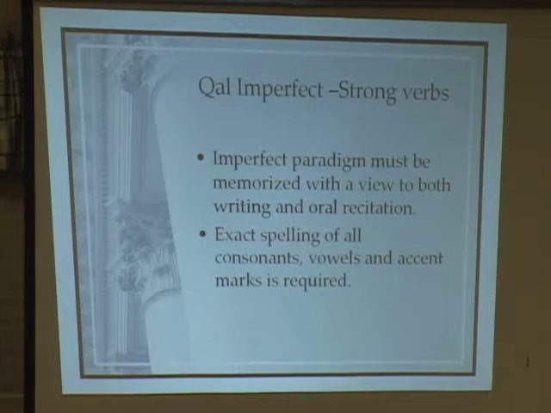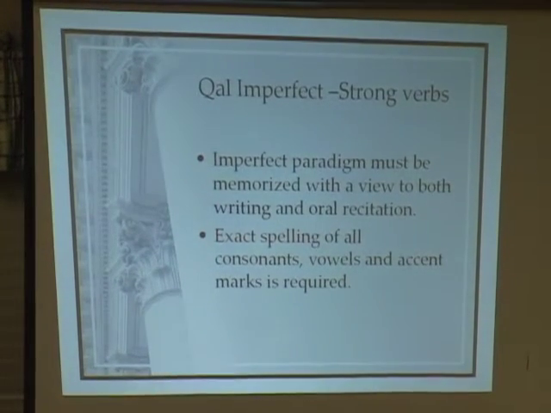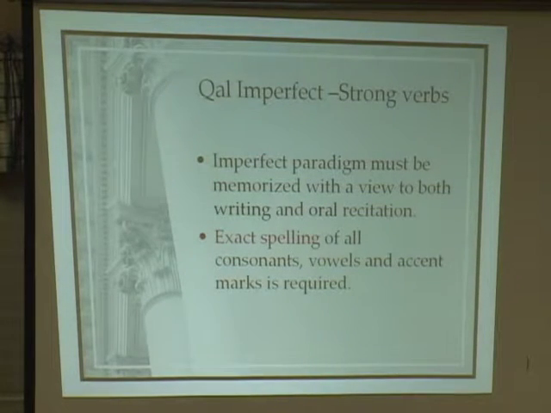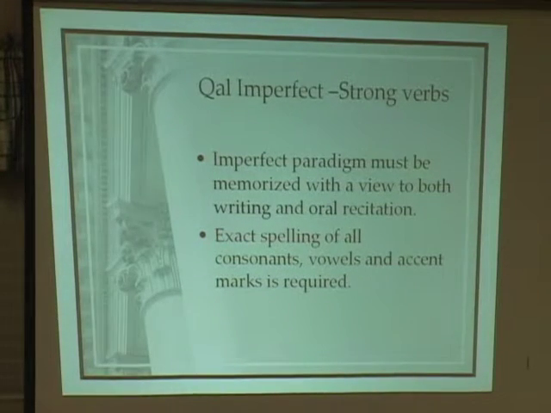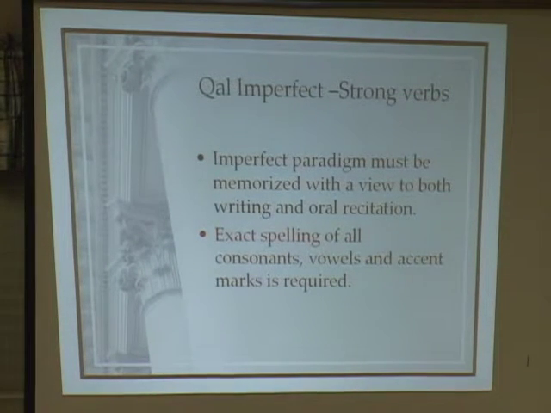Is there any reason why for this one the exact spelling of all consonants and vowels and accent marks is required, whereas it's not on other paradigms? Because other paradigms do not have that many preformatives and subformatives that are so different from perfect. Since this is the first kind of derived form or deviation of the perfect stem, you have to memorize it. And from now on, basically, you have to pay close attention to it.